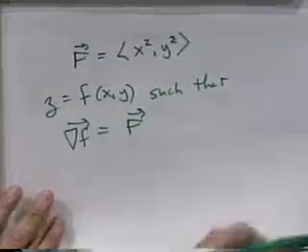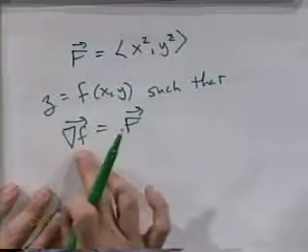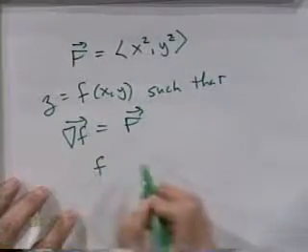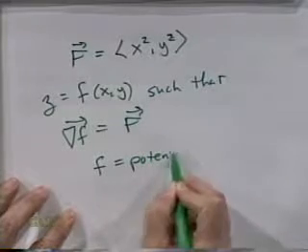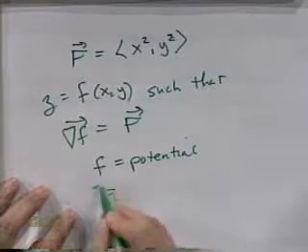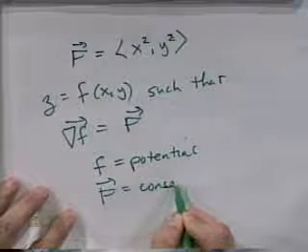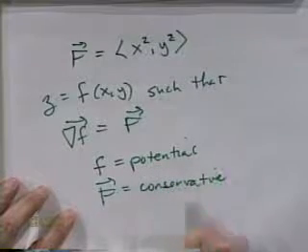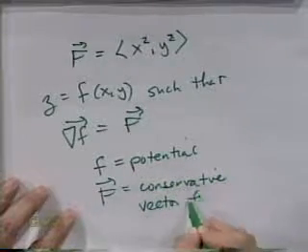If you can find this scalar function, we call f the potential, and we call big F a conservative vector function.